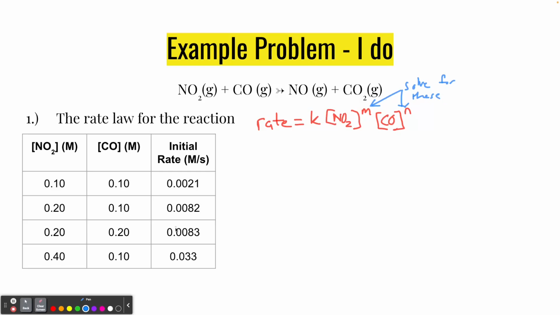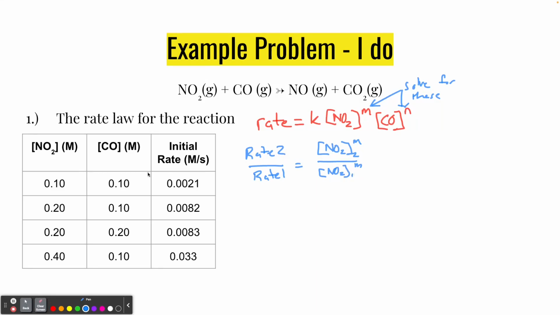Now, as I said before, we can do one of two methods. We can use the initial rate method by just examining the data in the table, or we can use rate 2 over rate 1 is equal to the concentration, and I'm going to write this for NO2 for us, NO2 at some point 2 to the M power over the concentration of NO2 at the first rate, again raised to the M power.